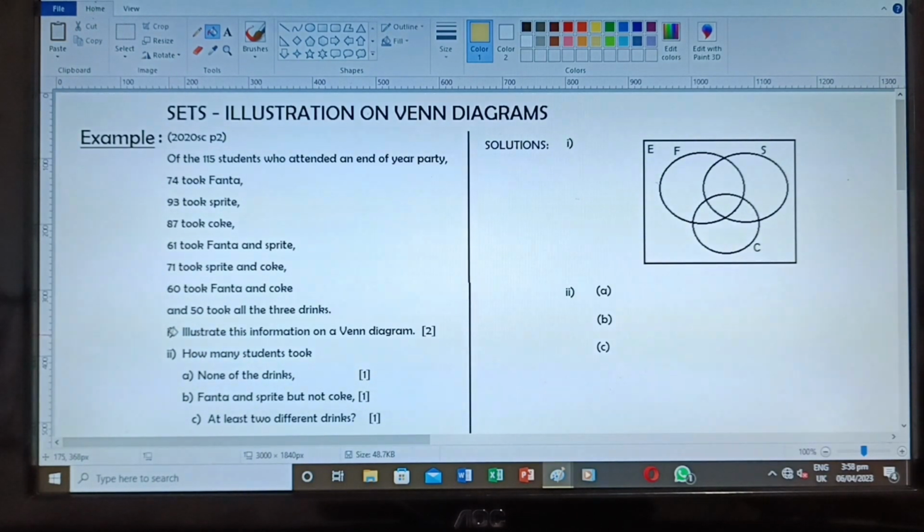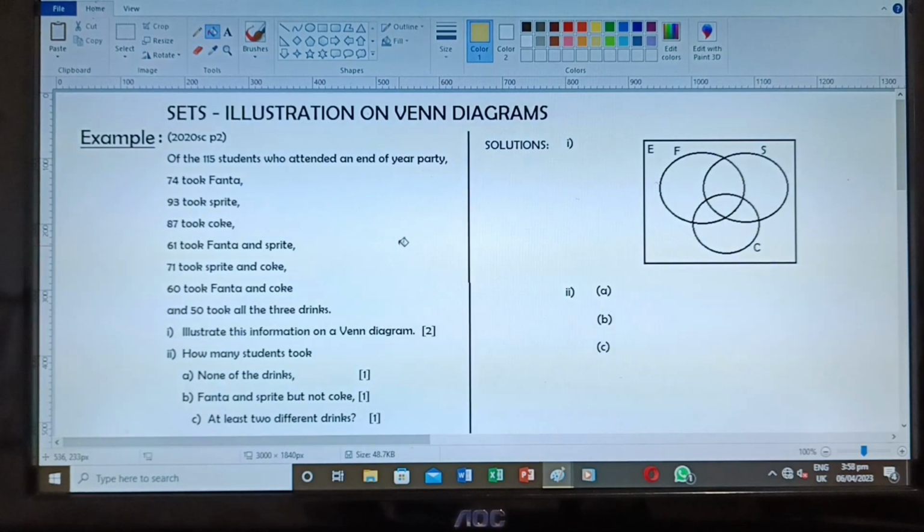Part 1: illustrate this information on a Venn diagram. The question carried 2 marks. Part 2: how many students took none of the drinks, Fanta and Sprite but not Coke, at least 2 different drinks? Okay, let's get the solutions to the questions that we have.